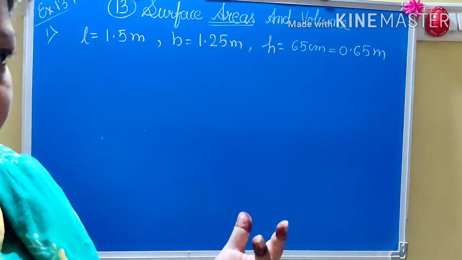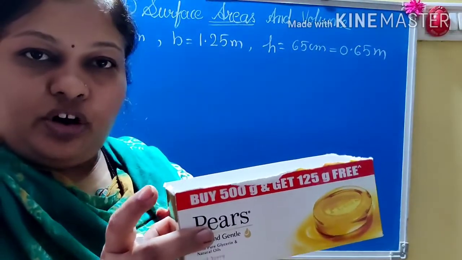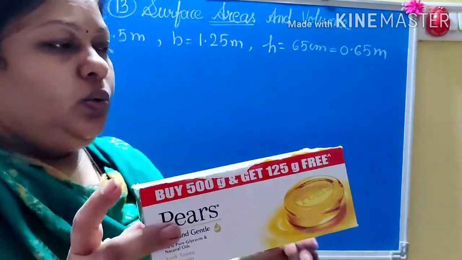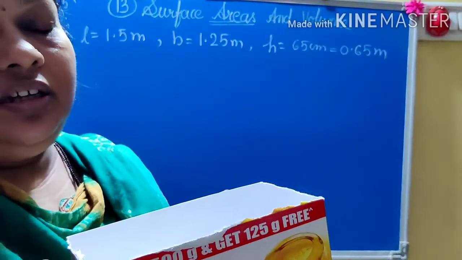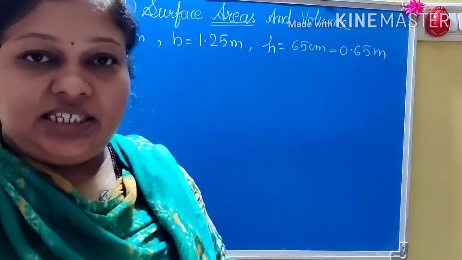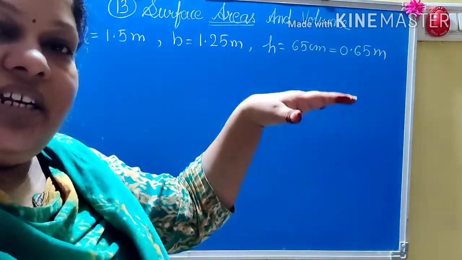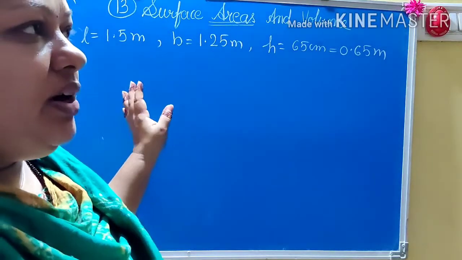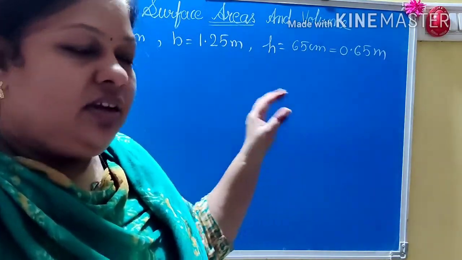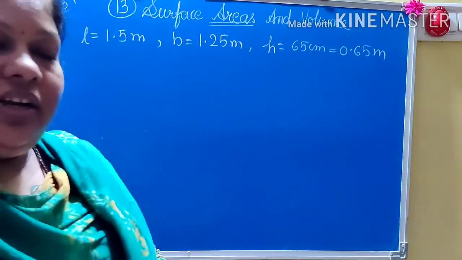Or the second method: find the LSA of the cuboid and then add the area of the bottom to it to get the area of the 5 faces. I think the second method is easier, because finding the LSA is easier than finding the TSA, since the TSA formula is 2 (LB plus BH plus HL), whereas the LSA formula is easier. So we will try to find it with that.